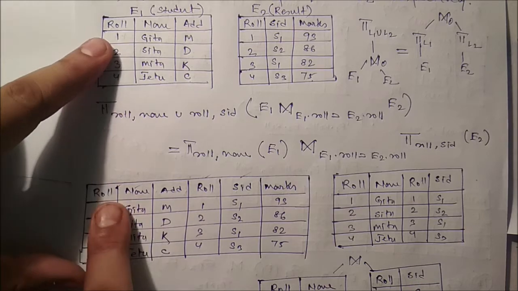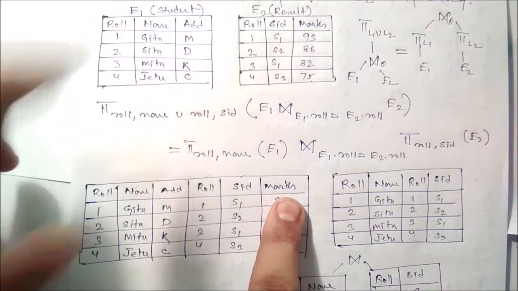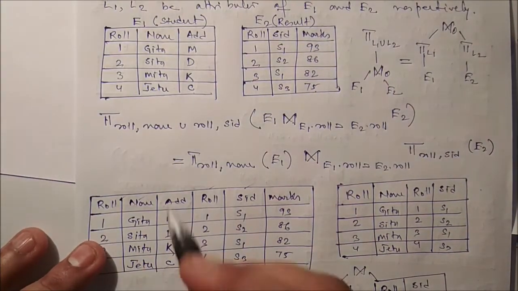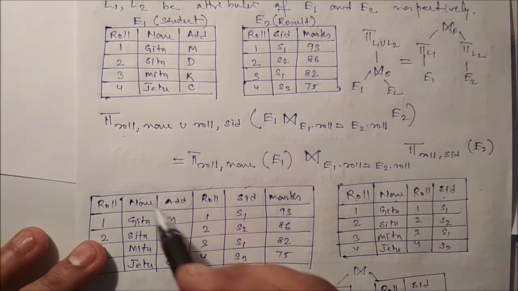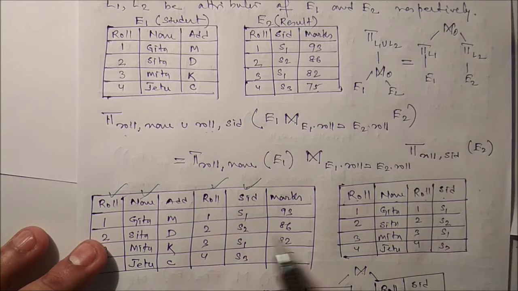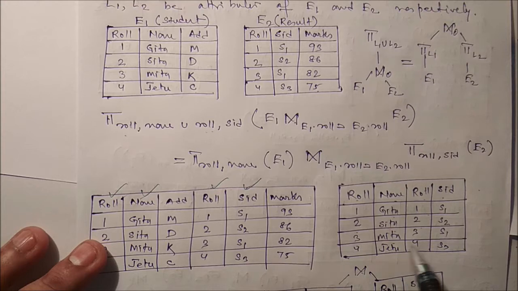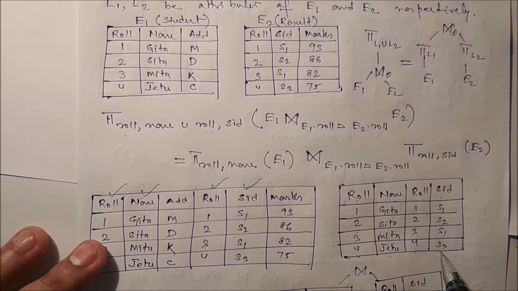We can see here roll number, name, address, roll number, subject ID and marks. This is the intermediate result, and from that result we need roll number, name and subject ID. So definitely the output will be this one: 1 Geeta 1 S1, 2 Sita 2 S2, 3 Mita 3 S1, and 4 Jitu 4 S3.